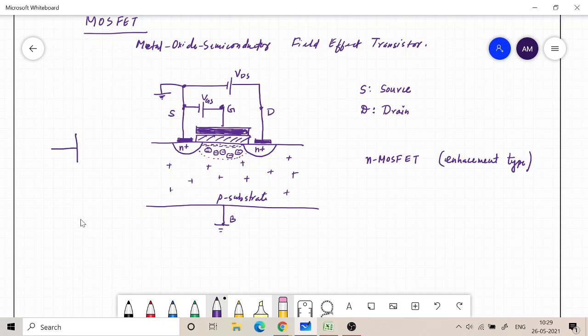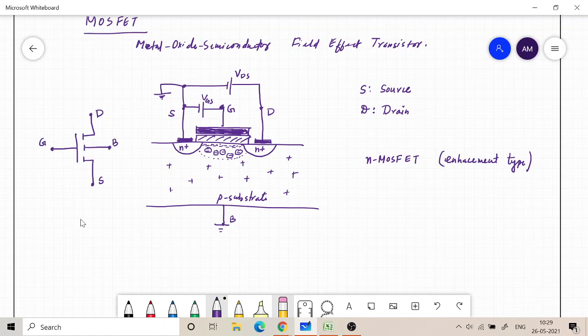So this is our gate, and then there are three lines like this. Okay, so for NMOS, either you can put your arrow like this. So this is basically my source, and this is my drain, and this is my bulk.